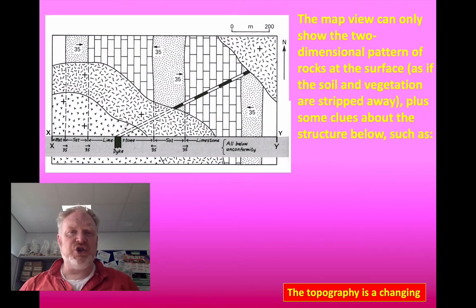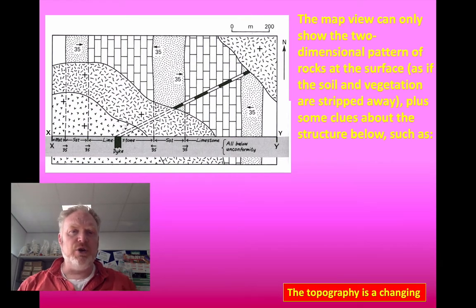But a map is only really showing us the two-dimensional pattern at the surface, the view looking straight down. We assume that all the tedious soil and vegetation has been scraped away with the bulldozer, and what we see on the map is the bedrock that will be left exposed at the surface.